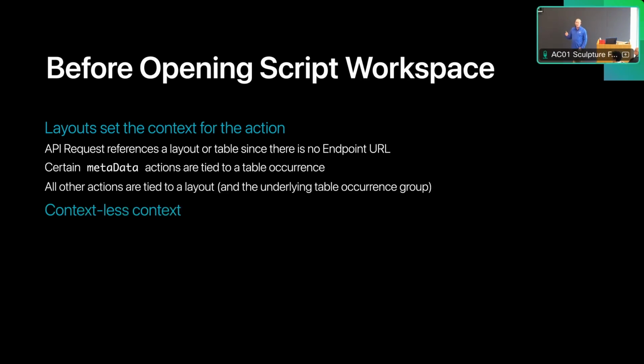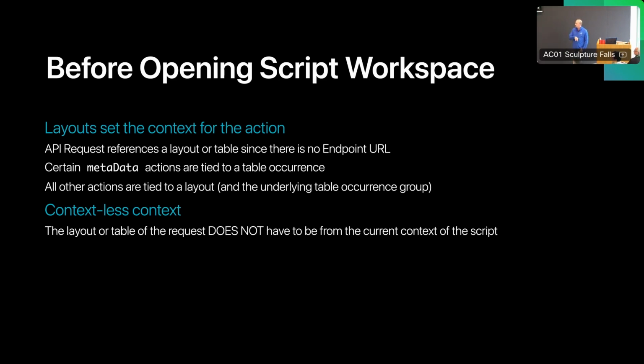Okay, and this provides what I've dubbed contextless context, because the layout or the table that you reference in the request does not need to be the context of the script that you're running. But all of the Data API action is going to be tied to the layout or the table that you reference in your request.